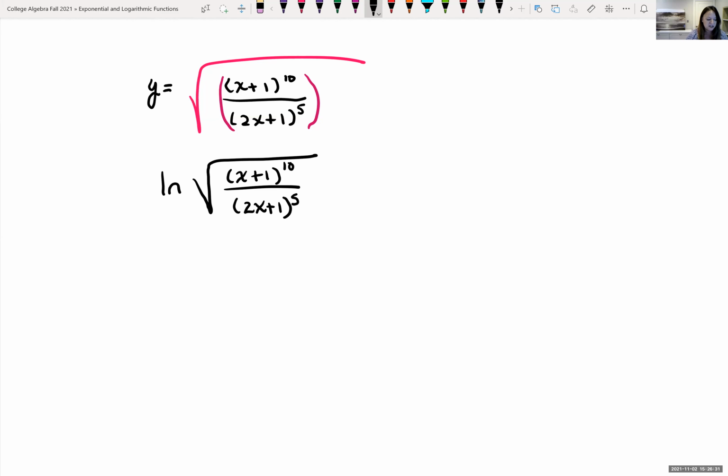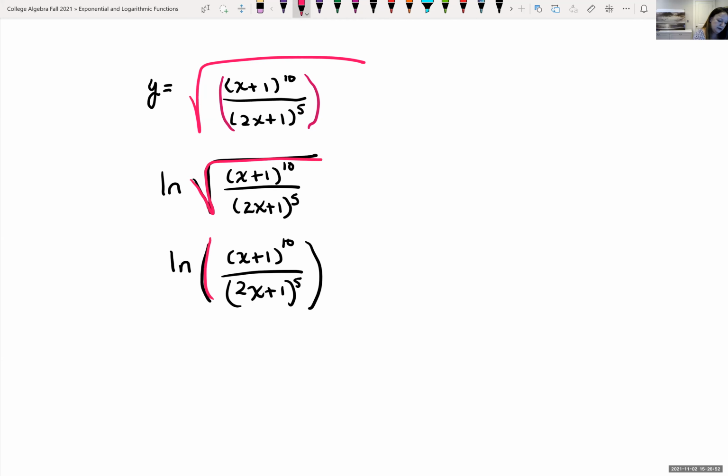So first thing we want to do is rewrite the square root as a rational exponent. So we have x plus 1 raised to the 10th all over 2x plus 1 raised to the 5th power, and this is all raised to the 1/2 power.